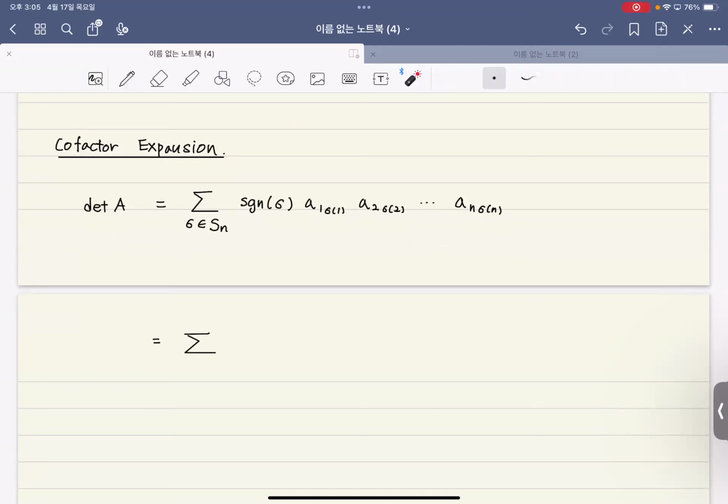I have n factorial many such permutations in Sn, but I want to classify each of these permutations depending on the image of 1.